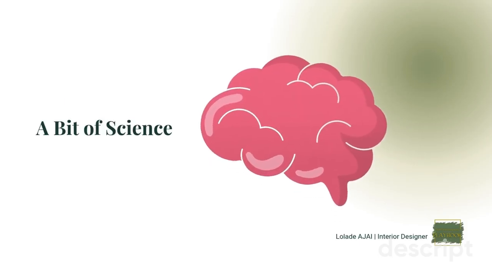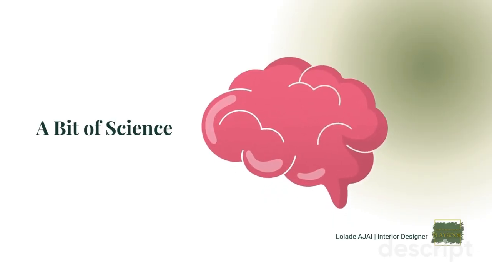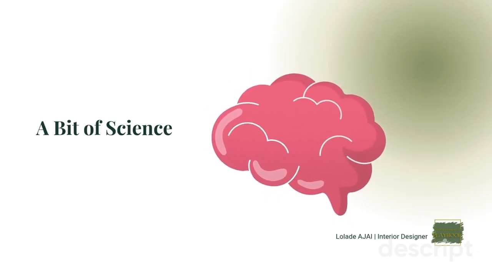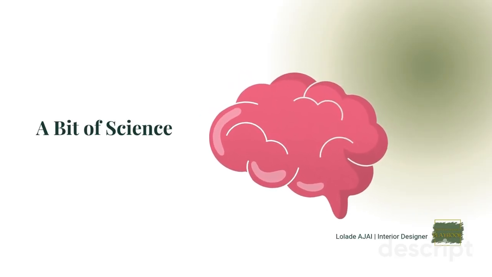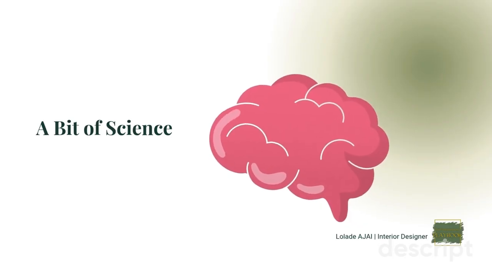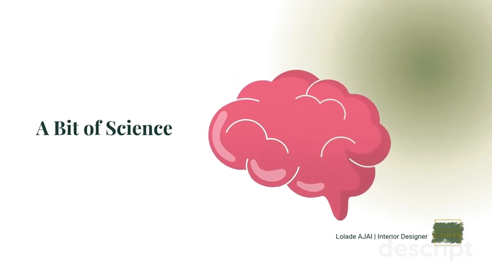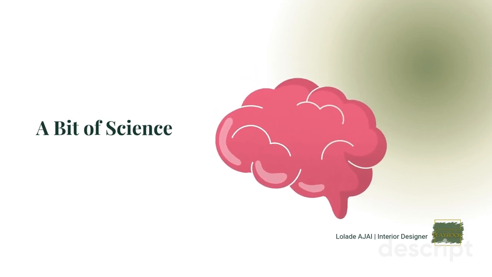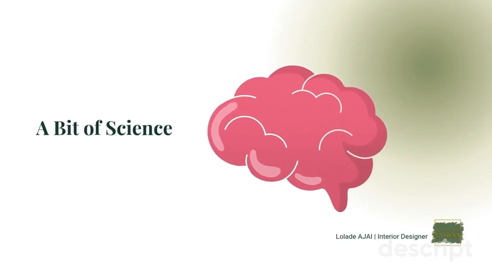Right. Let us look at the science for a moment. It's not going to be an elaborate scientific lowdown, just a quick one. Your brain is not just sitting in your head. It's in constant conversation with your environment. When you're in a space that feels chaotic, your limbic system, the emotional center of the brain, becomes triggered. This can lead to cortisol spikes, which then lead to an increase in anxiety and can even impair focus.